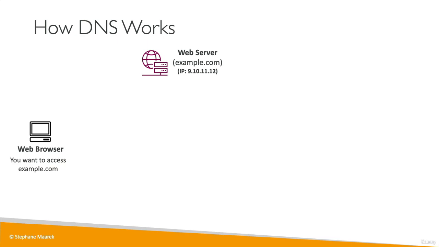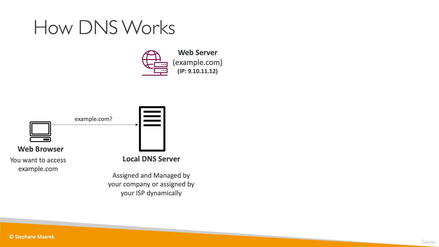But let's see how the computer, your web browser, can access it and can get that response. So your web browser is going to want to access example.com. And to do so, it's going to ask its local DNS server, hey, do you know what example.com is? Now, this local DNS server is usually assigned and managed by your company or assigned by your internet service provider dynamically.